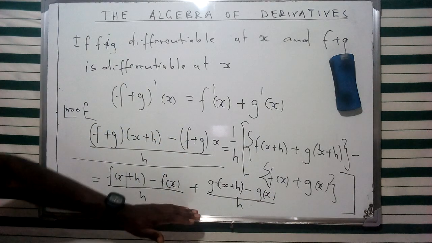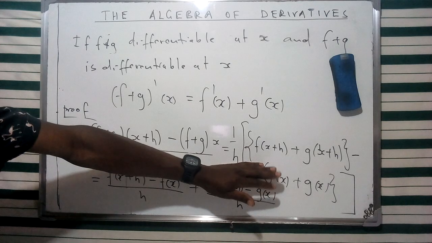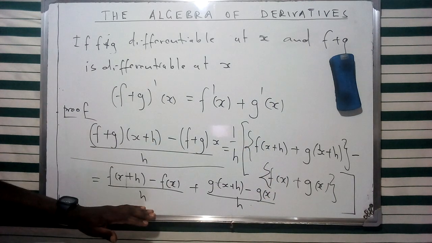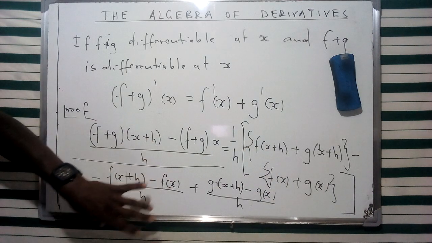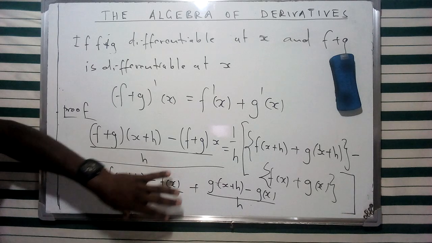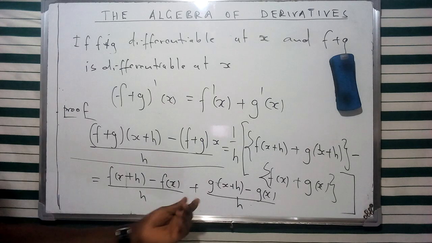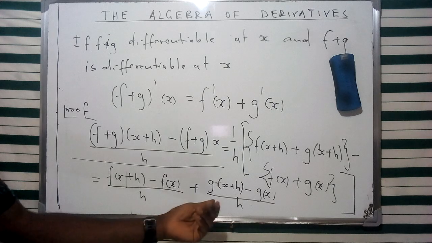From a general discussion, we can see that this is f prime of x and g prime of x, and this, of course, is the summation of the two derivatives.